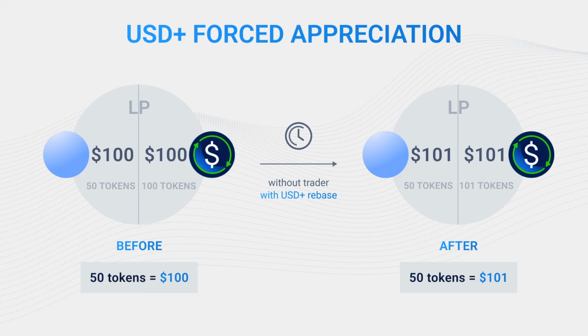So that is the benefit of pairing USD Plus with a token inside of a liquidity pool. It is causing a forced appreciation, and it's not simply providing liquidity when traders need to trade in and out. It is actually passively appreciating your asset, which is awesome to see from USD Plus.